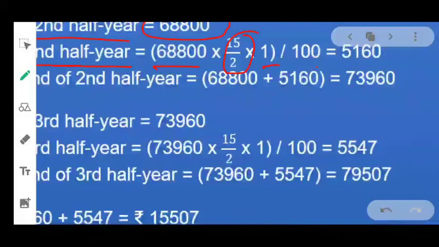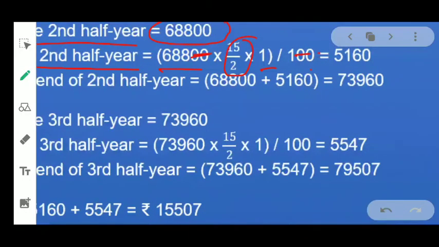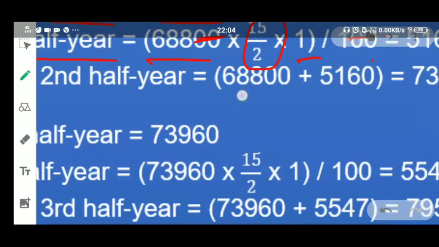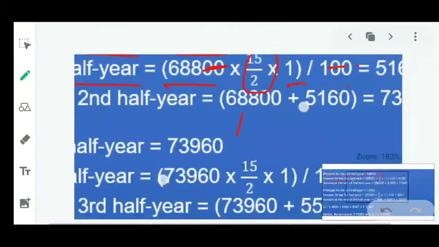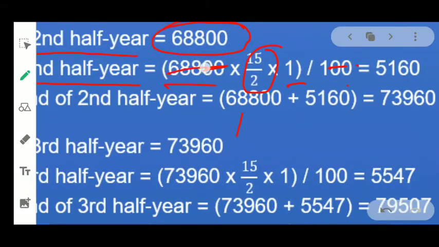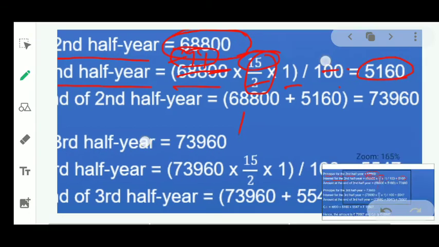Here 100 will be cancelled, then 688 divided by 2 gives us 344. 344 multiplied by 15 will give 5,160.